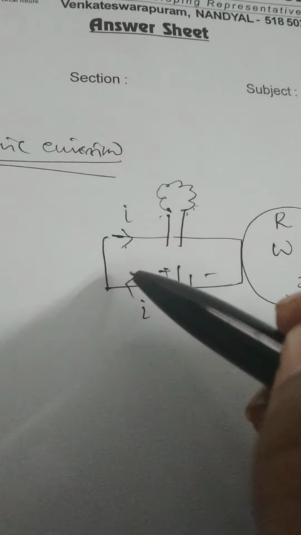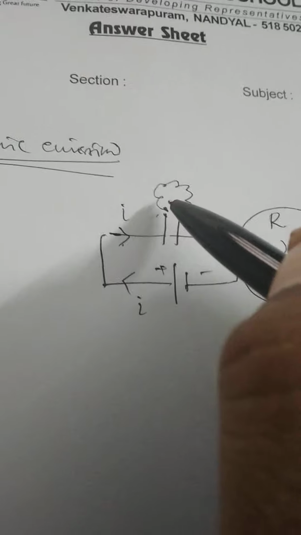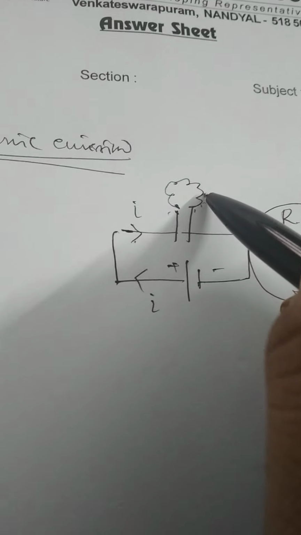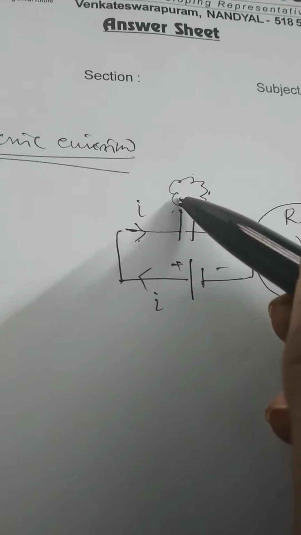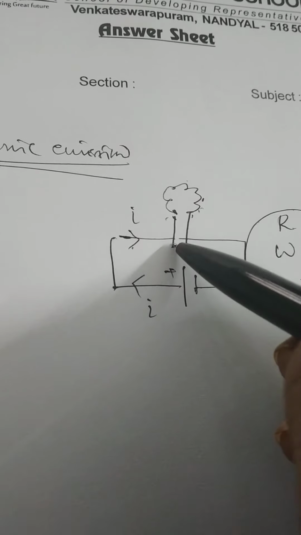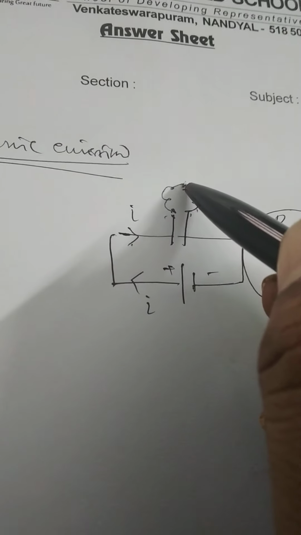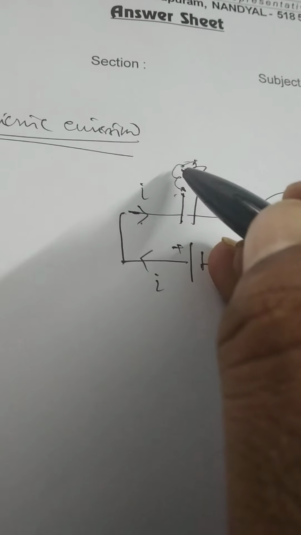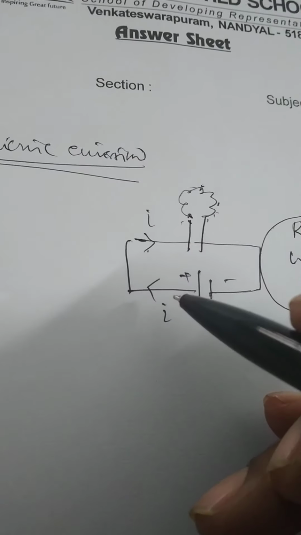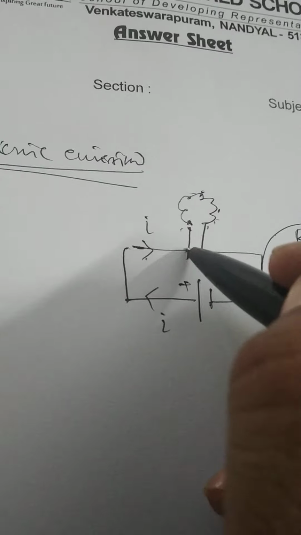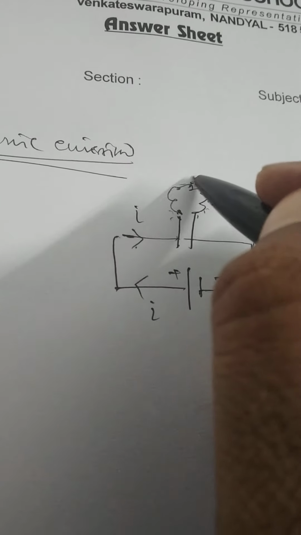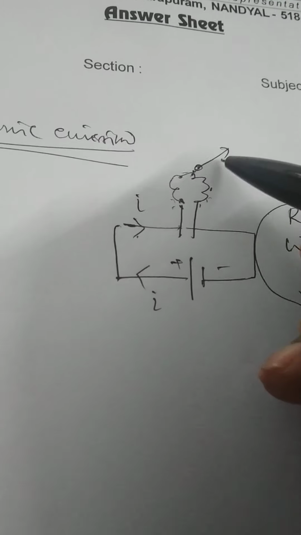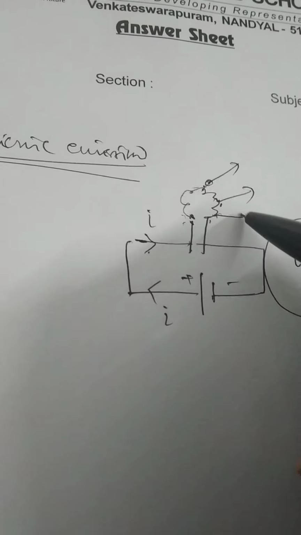When the current passes through the filament, the filament is heated. Heated means some heat energy is supplied to the filament, and that energy is sufficient to remove electrons from the filament metal surface. When heated like this, some electrons will be ejected from the metallic surface of the filament.